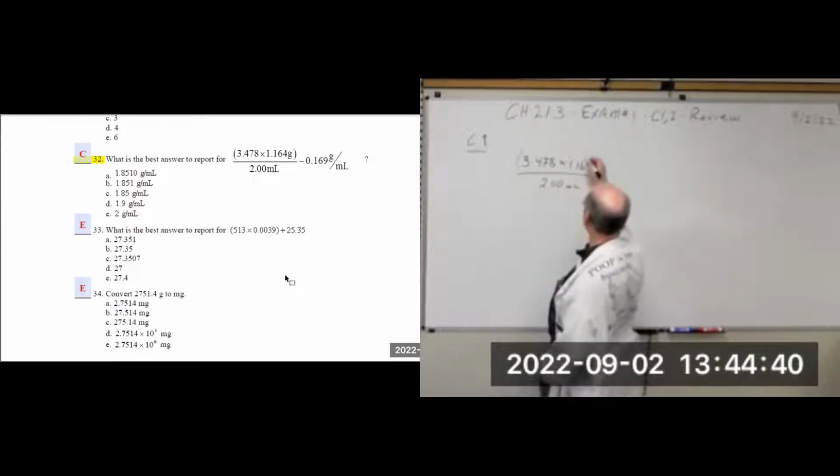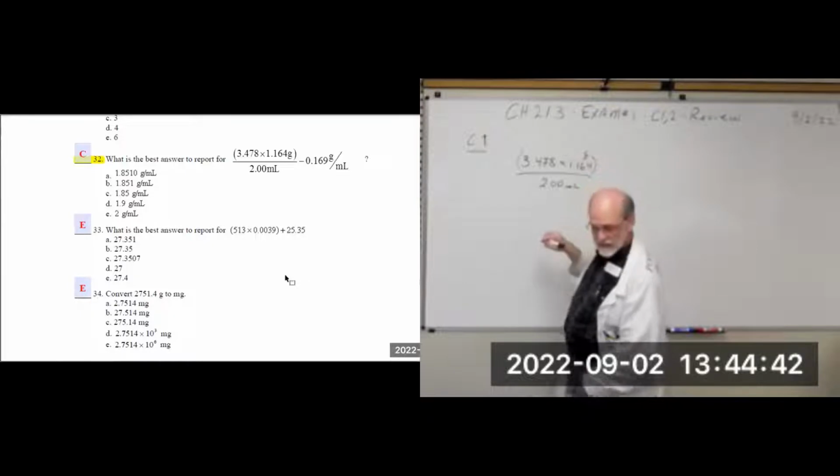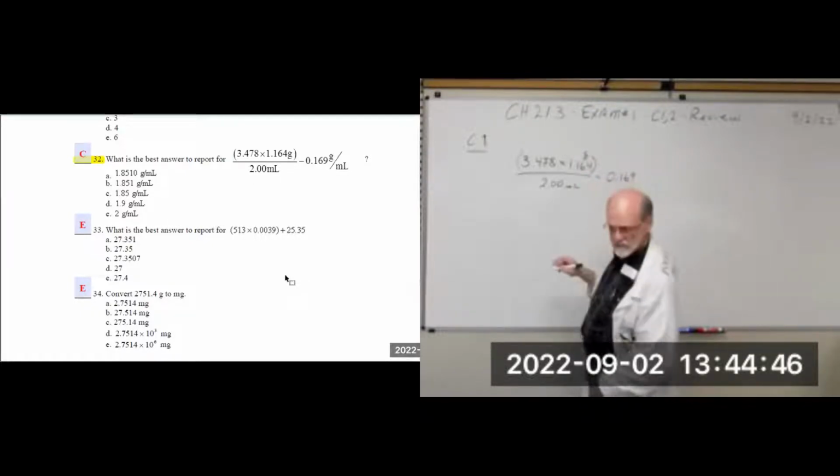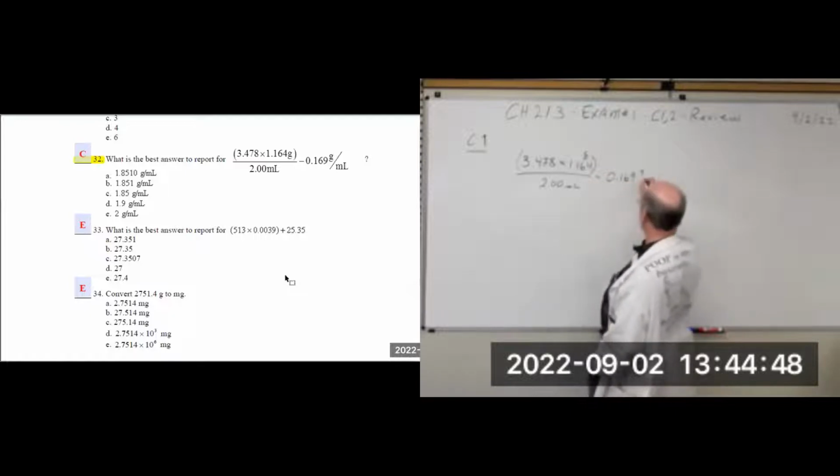These are grams up here. And then minus 0.169, is it? Grams per milliliter.